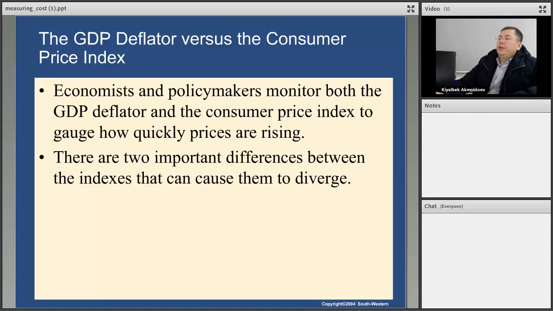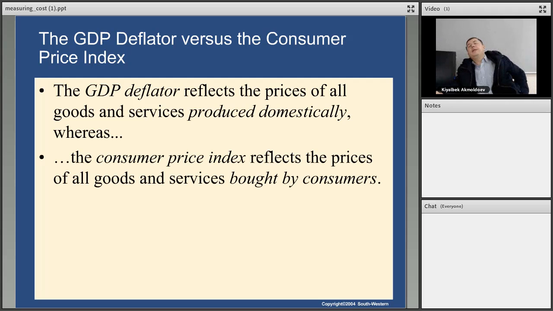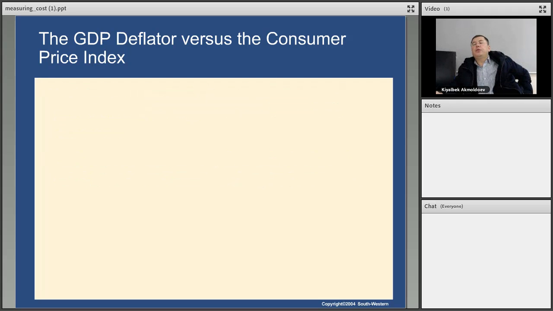So GDP deflator versus the CPI, consumer price index. Economists and policymakers use both the GDP deflator and consumer price index to gauge how quickly prices are changing. The GDP deflator reflects the price of all goods and services produced domestically, whereas the CPI, Consumer Price Index, reflects the price of all goods and services bought by consumers.